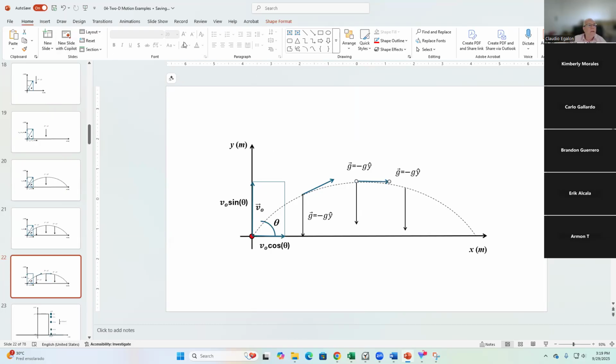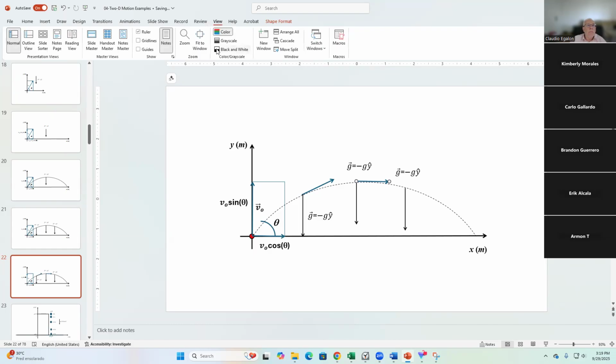Looks like it's twisted a little bit, pointing downwards, right? Velocity vector right in here.